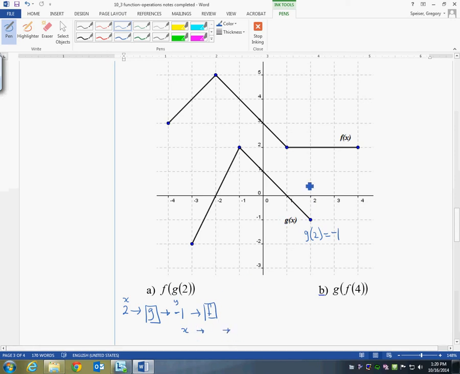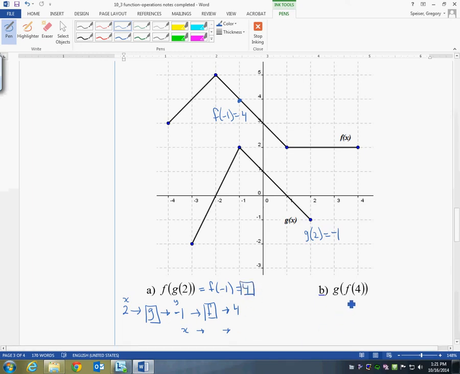So looking at my f function, if the x value is -1, what is my y value? f at -1 is equal to 4, isn't it? So what comes out is 4. If I was to write this out, it becomes f of g of 2 is equal to f of -1, which is equal to 4. And 4 is my final answer.